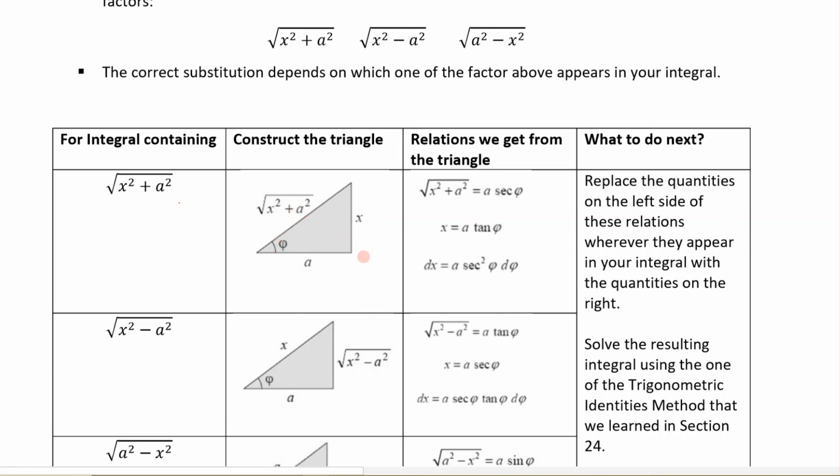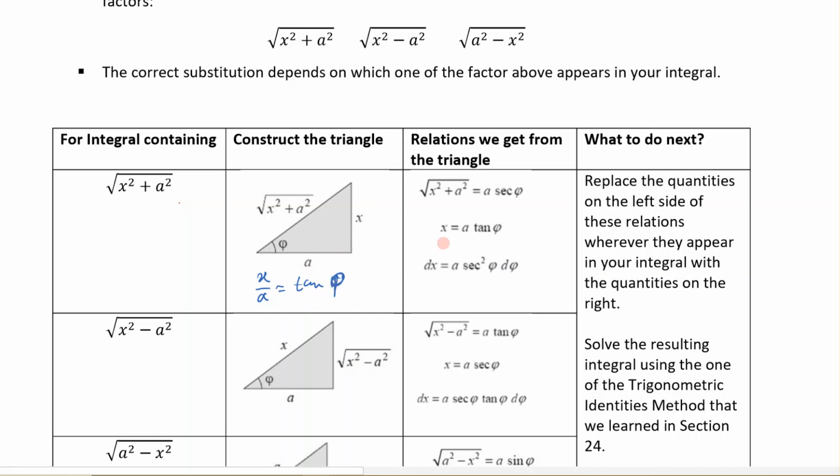If you construct this triangle and let's say phi is the angle, then we can see that x over a is perpendicular over adjacent, so altitude over adjacent, which is tangent phi.